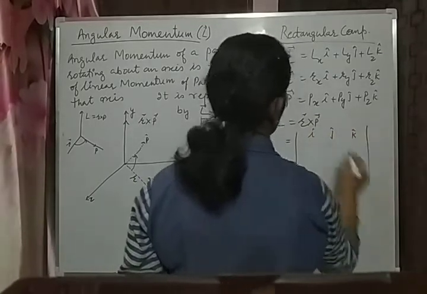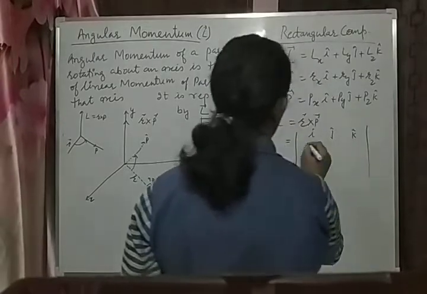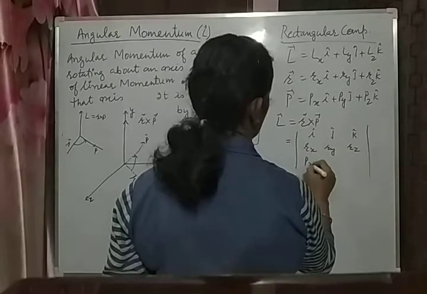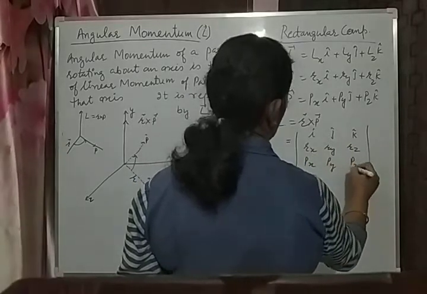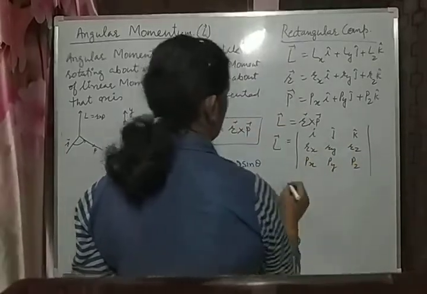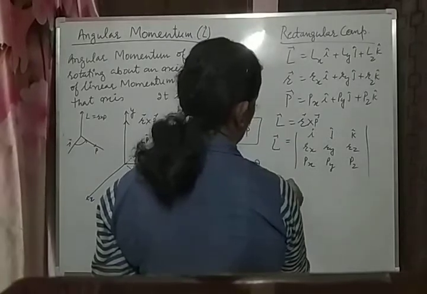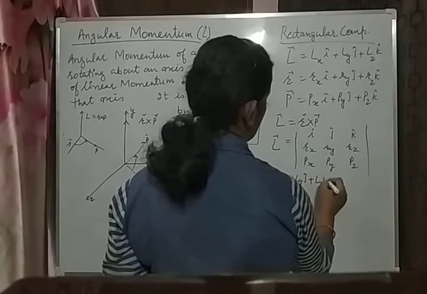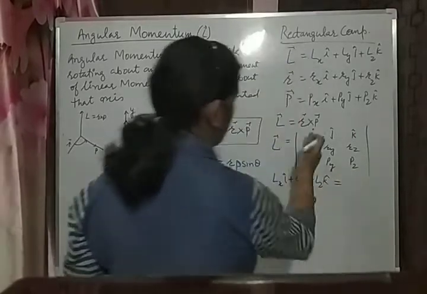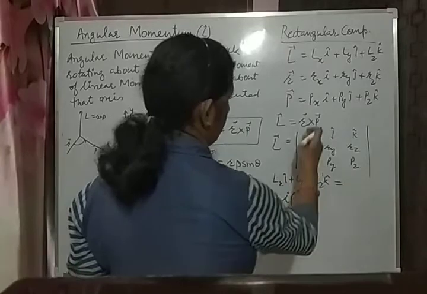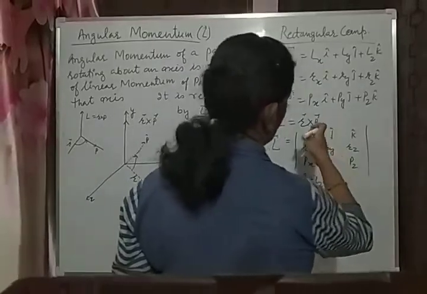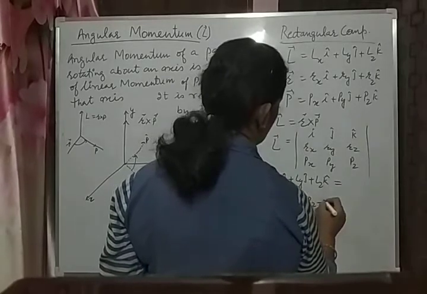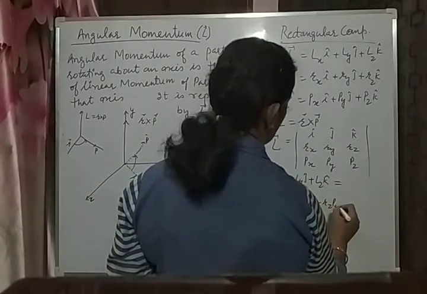Which one is written first? Write the components of R first: Rx, Ry, Rz, and then Px, Py, Pz. Here it is L. You can find the value Lx i plus Ly j plus Lz k. The multiplying factor of i: leave this column and this row, you will have Ry Pz minus Rz Py.